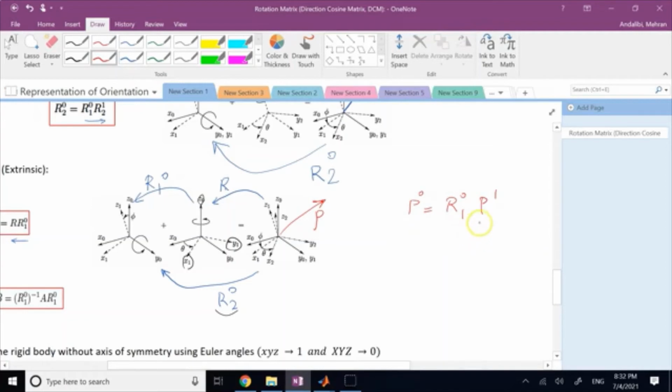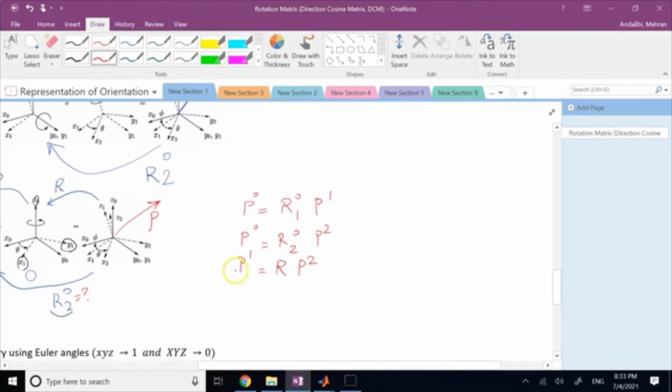I can also go from 2 to 0, having P in 2, go to P in 0 by this R20 that I want to find. Fine. What about this R? How can I use this R? This R takes me from frame 2 to frame 1. So I can say that P in 1 is R times P in 2.